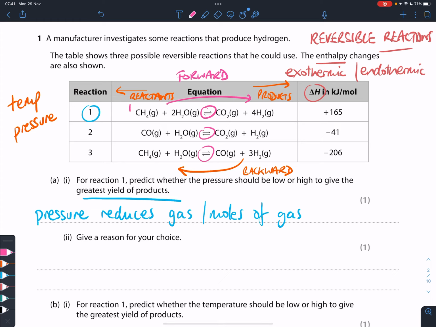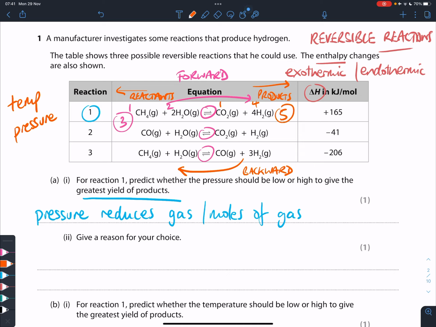We've got 1 mole of CH4, we've got 2 moles of water vapor or steam, so we've actually got 3 moles here on the left-hand side. How many moles do we have on the right-hand side? We've got 1 of carbon dioxide, and we've got 4 of hydrogen. So we've got a total of 5 moles.